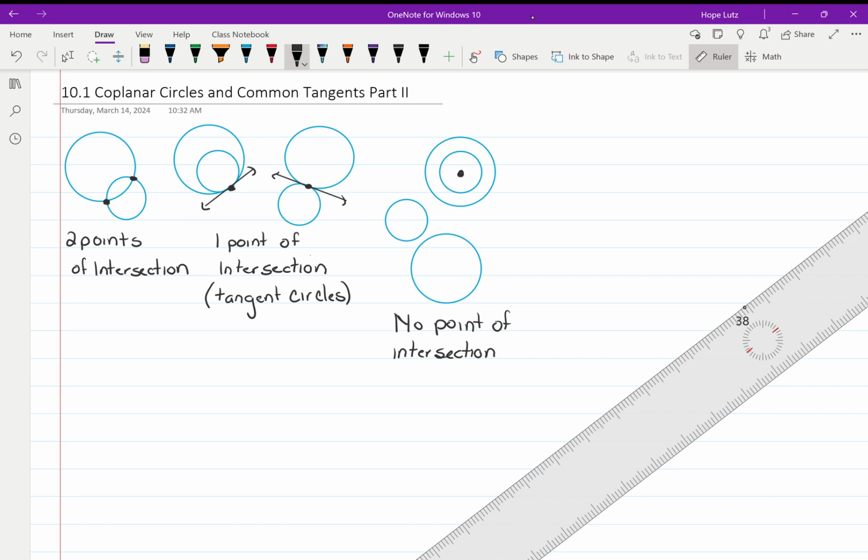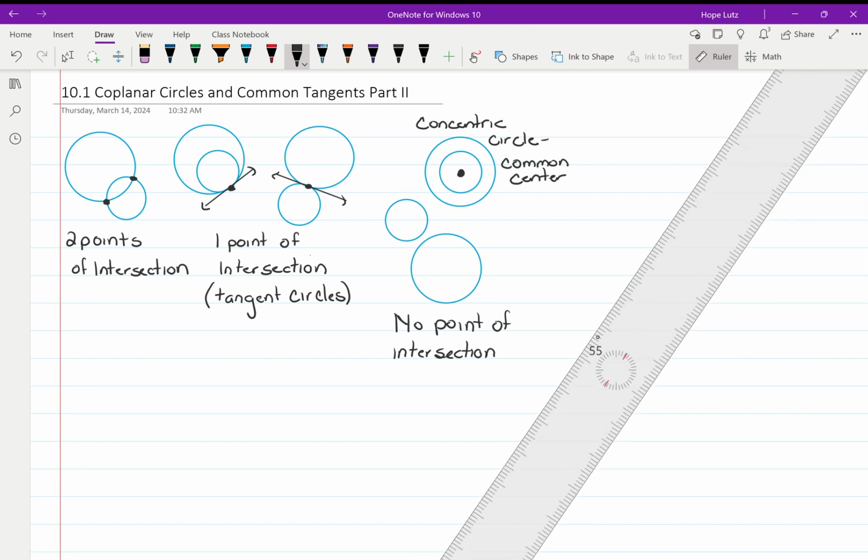So this one right here is called a concentric circle, and that's because it has a common center. It's only on that one. The other one doesn't have that because it doesn't have a common center.